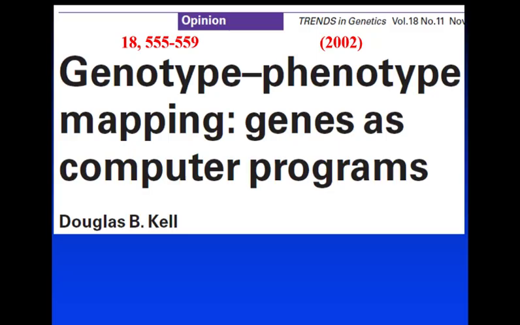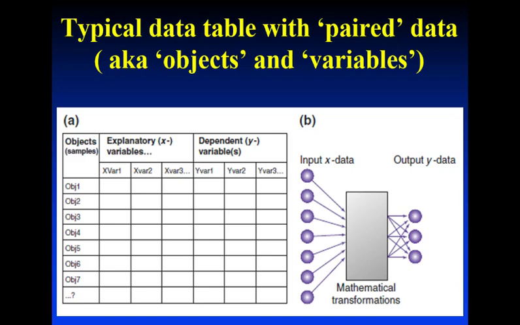But to make it easier, the canonical variant of that essentially recognizes that many data structures, which is a computer science term, can actually be represented in the form of a matrix or a table, in which typically we recognize the samples or the objects or the things that you're analyzing going down in the rows, and the properties that they possess, in our case metabolite levels, going across as the columns.